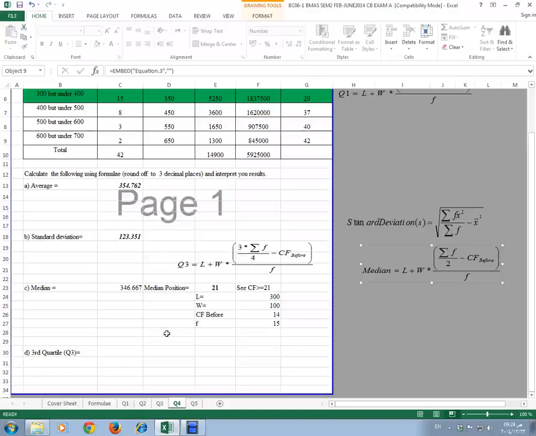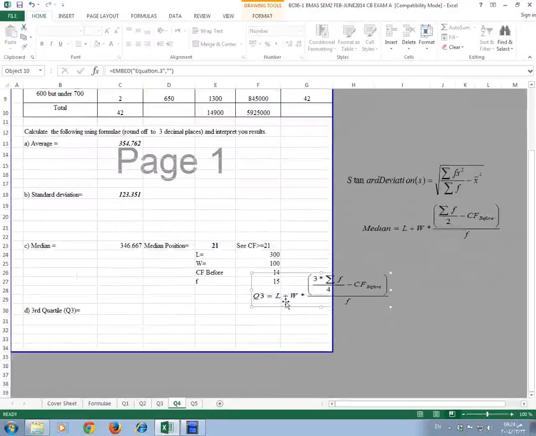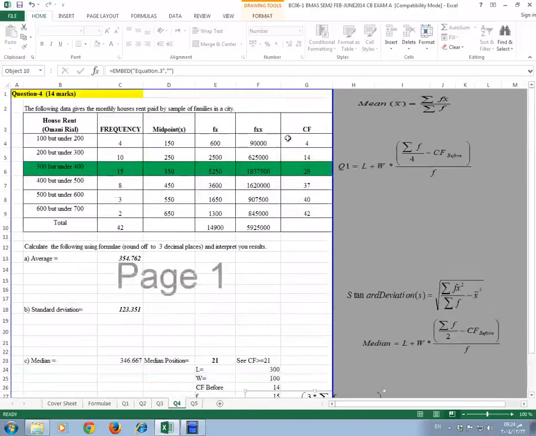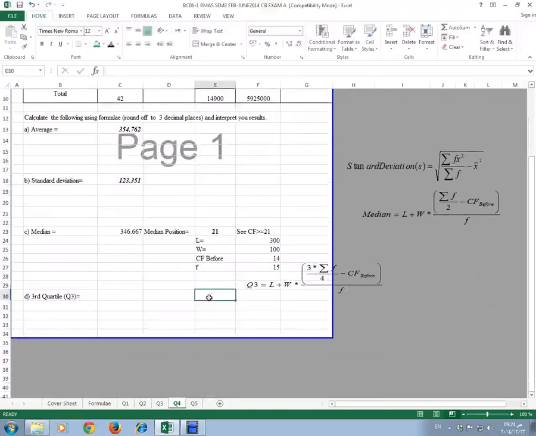Now we can calculate the third quartile, and this is the formula. I'm putting the formula near here in order to see what it needs. The formula needs the CF, which I already have, then it remains the quartile position.